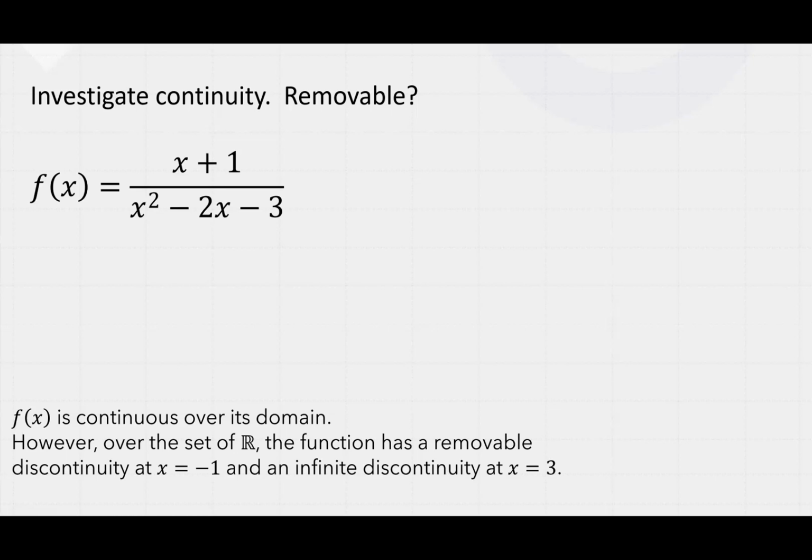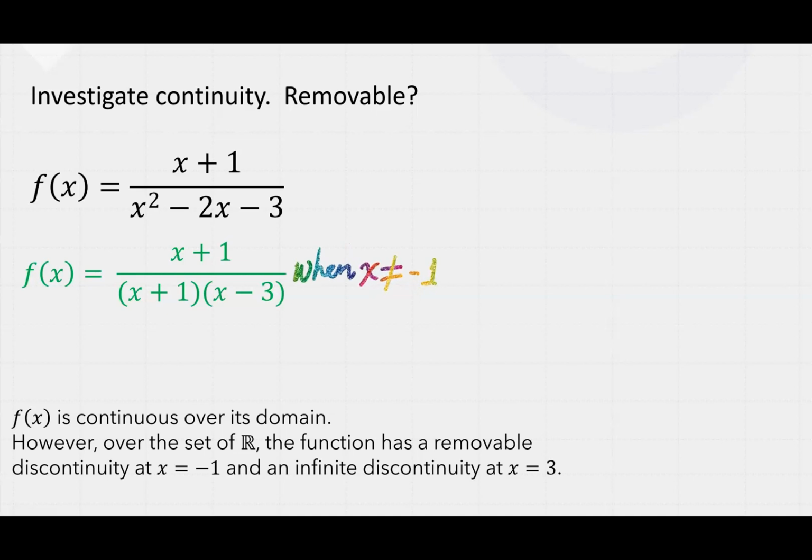Here's the function. And when you see functions like this, you would say, oh, hey, look, I can factor the denominator. And when x is not -1, I can go ahead and divide out x plus 1. And so it can be simplified to just 1 over x minus 3. Well, be really careful.